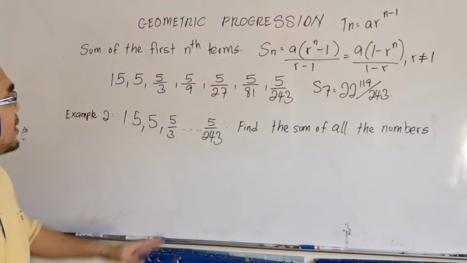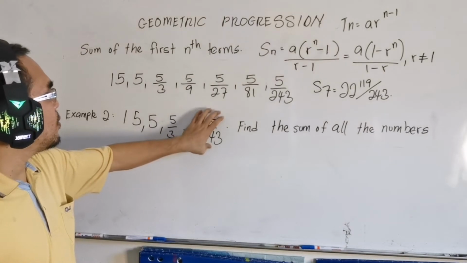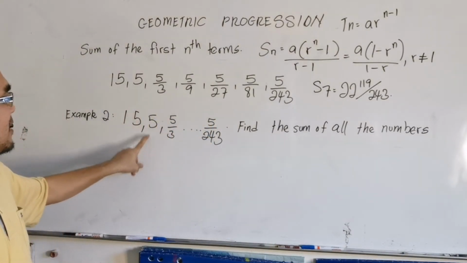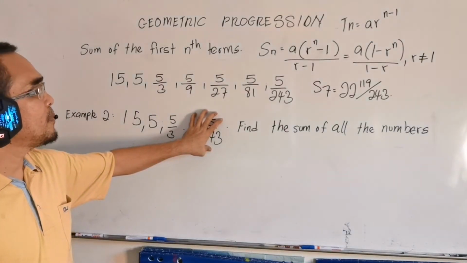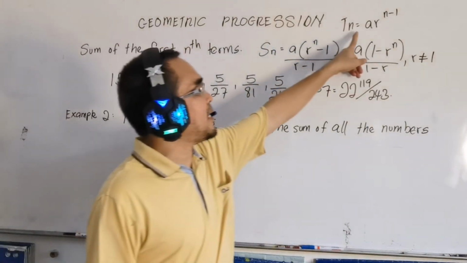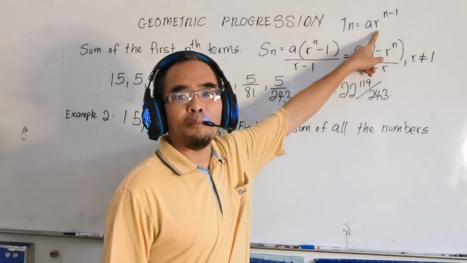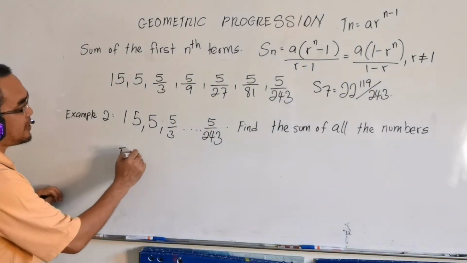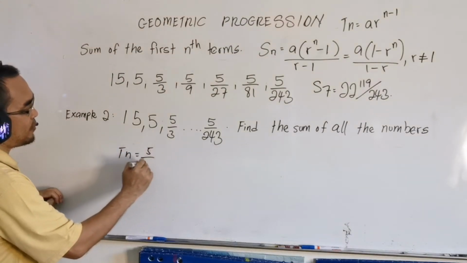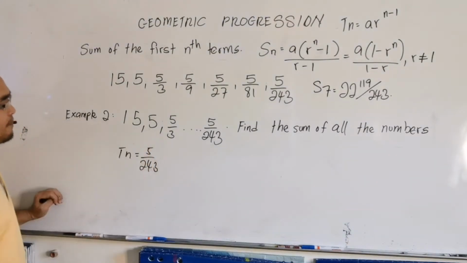So what we do is find the position of this number using Tn equals a r^(n-1). We say Tn equals 5/243.